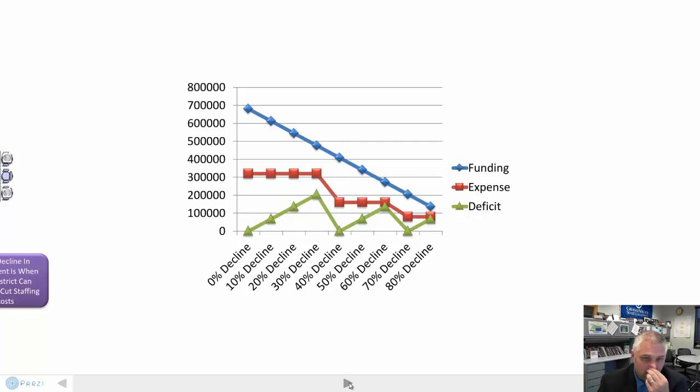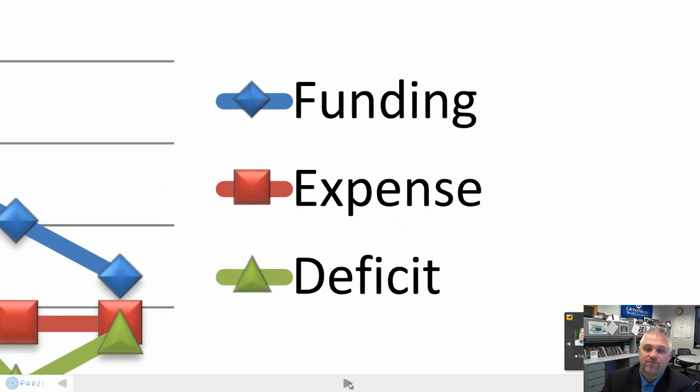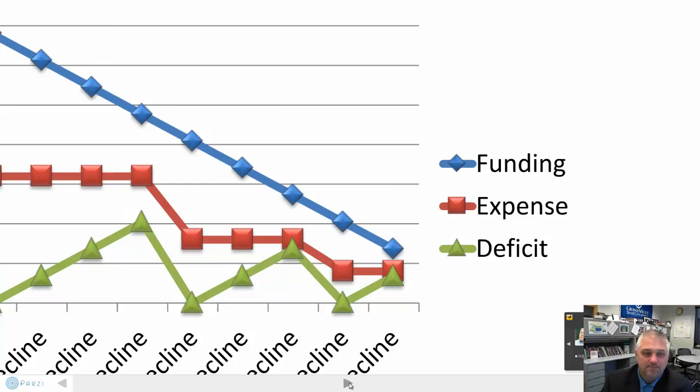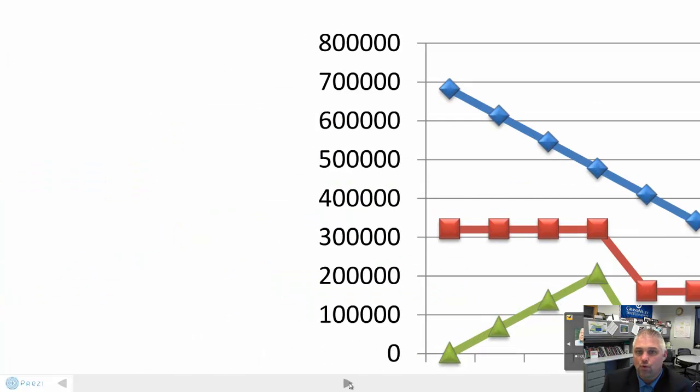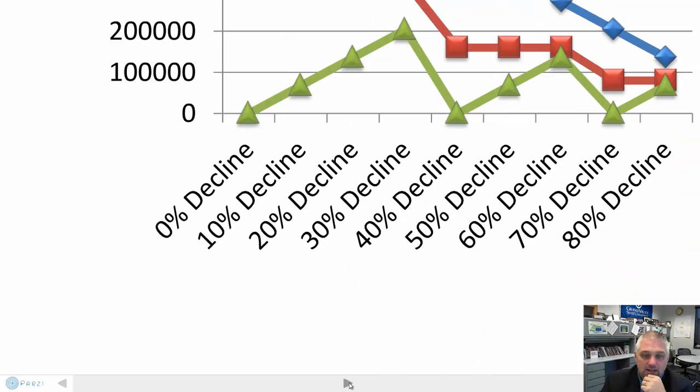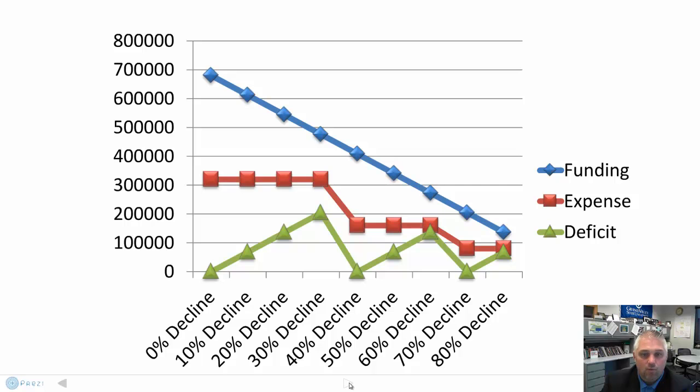So let's take a look at what it looks like across the board. So funding, expenses, and my deficit, wrapped around the total costs. So if you could see, the left is my costs, on the bottom is my percent decline, and you can observe what it takes to actually see how this goes. So my deficit continues to increase as I decline in enrollment until I reach 40%, and then my deficit drops.